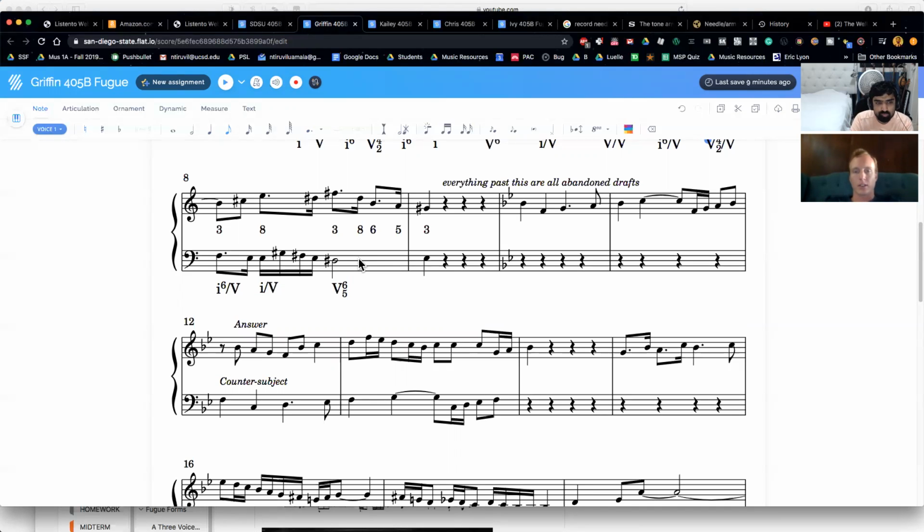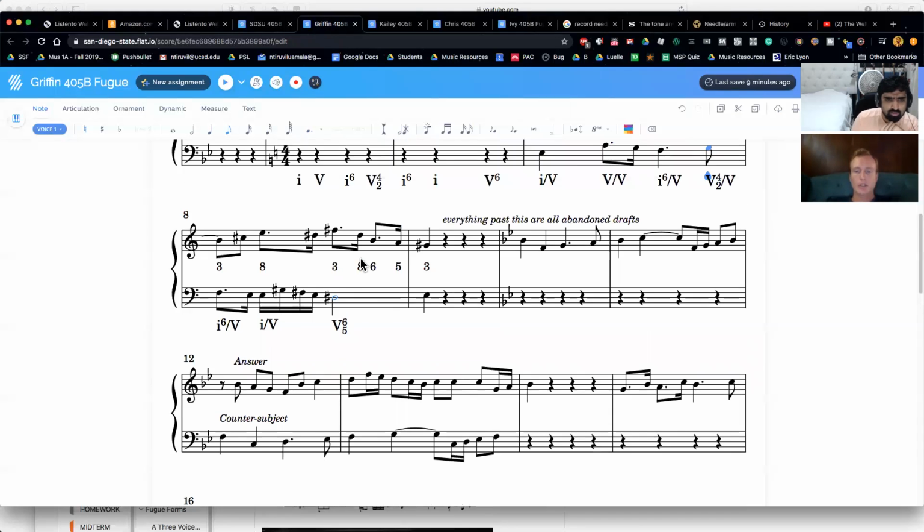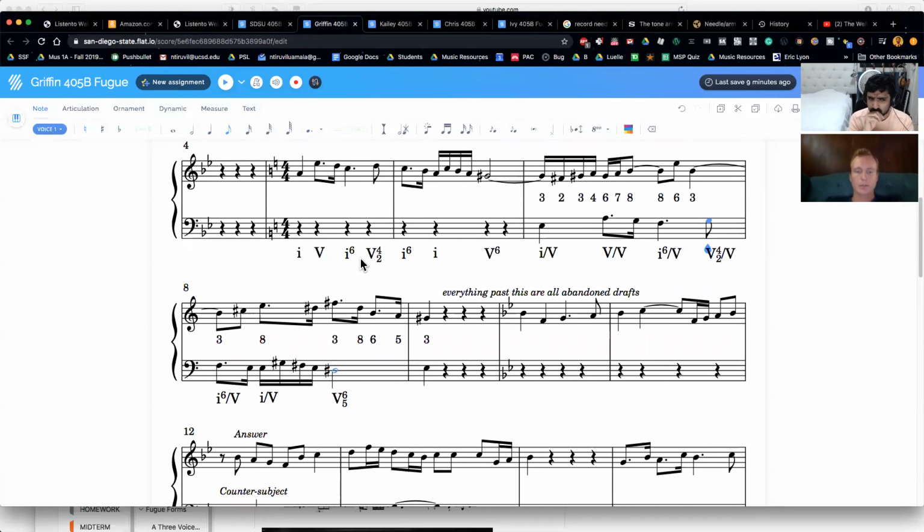To imitate at the 5th instead of just a canon. Yeah, it's a different thing altogether for sure. Absolutely. Inventions, I guess that's what demarcates a two-part invention from a three-part invention or a fugue.